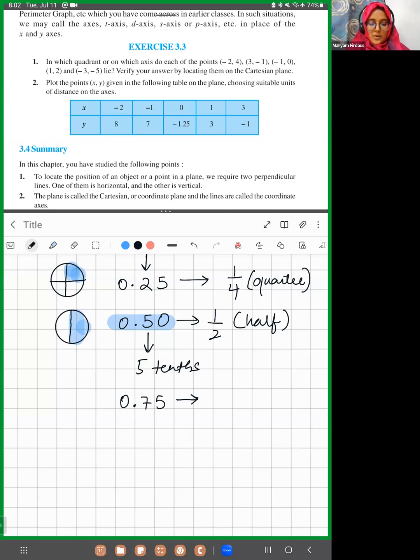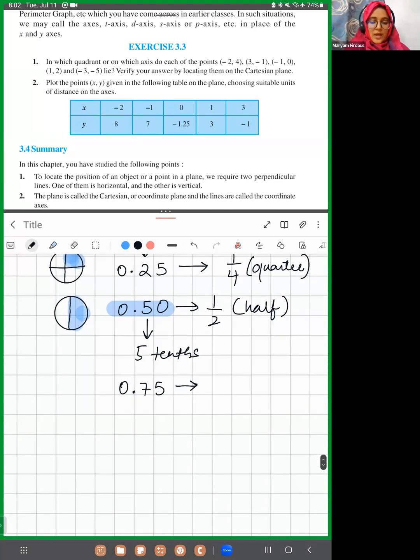Okay. I would suggest all of you to memorize the table of 25 up to 5.